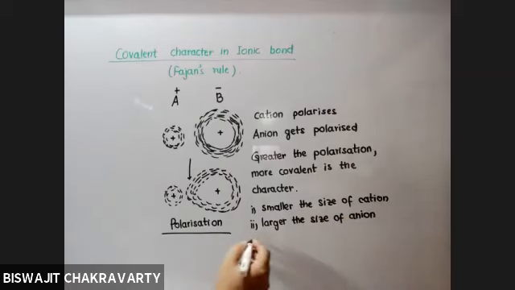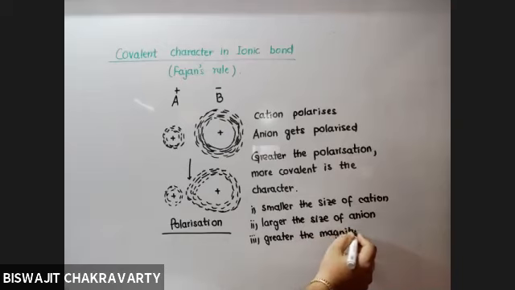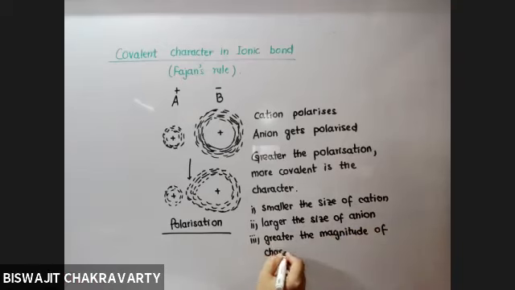And number three, greater the magnitude of charge on cation. So cation should have high nuclear charge, because when the cation will have high nuclear charge, it is going to attract the electron of the anion more.